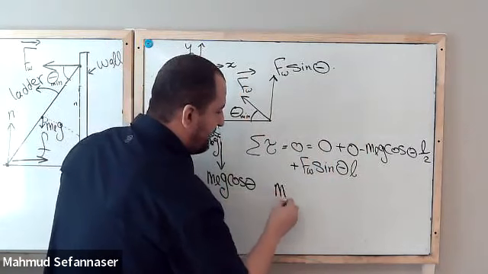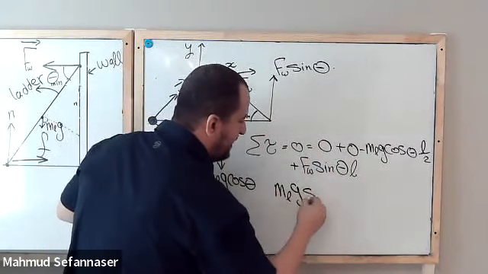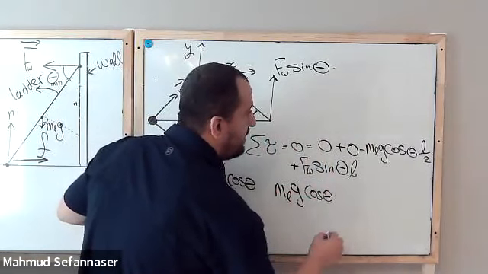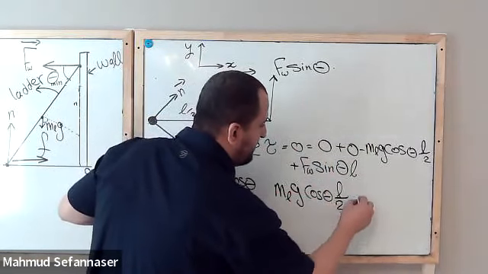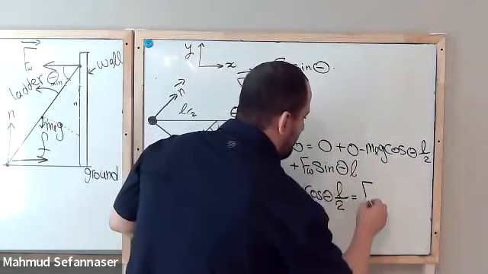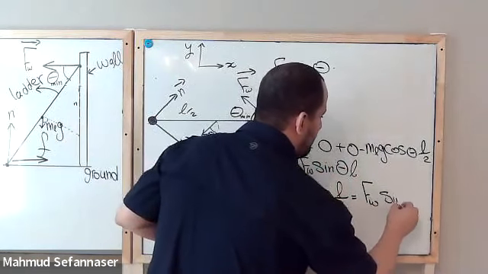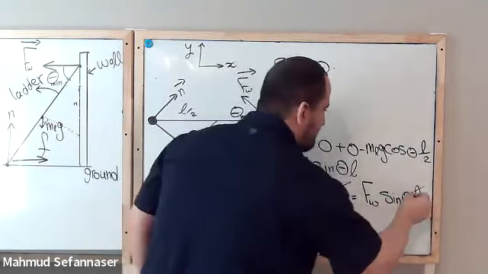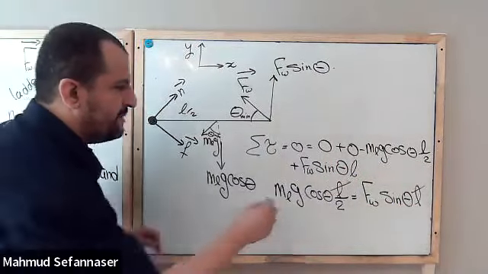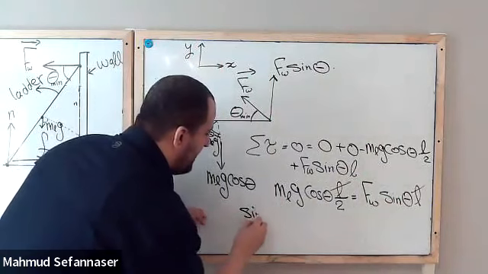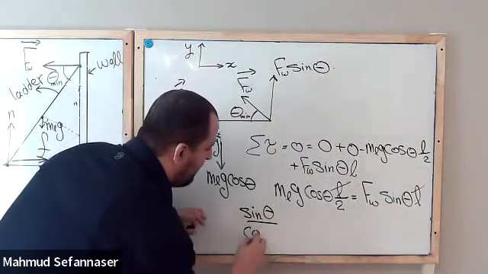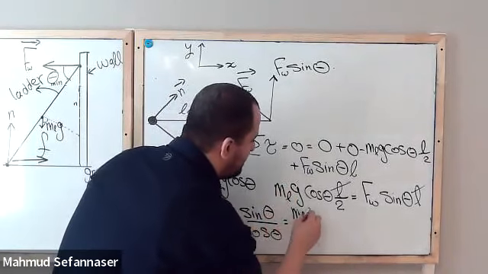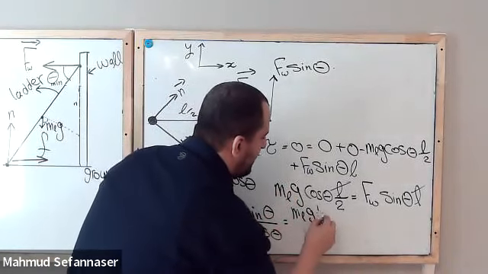So we can have here m ladder times g cosine theta times L over 2, and that's equal to Fw sine theta times L. So you can see L can be canceled, and you can do, guys, the same idea. You will have here sine theta over cosine theta, and you will have here m ladder times g times 1/2.